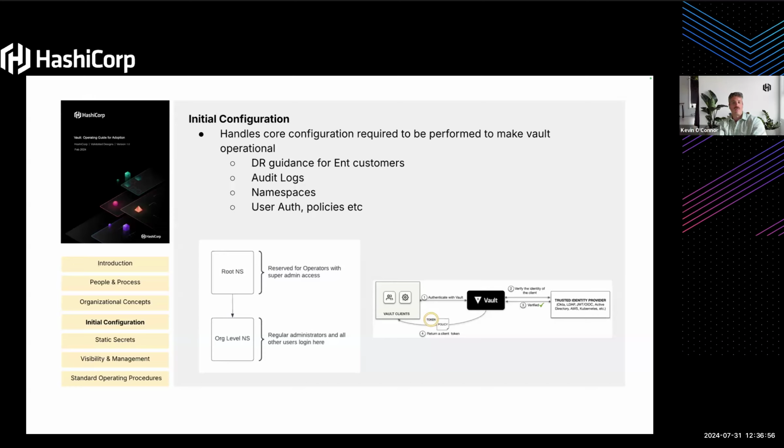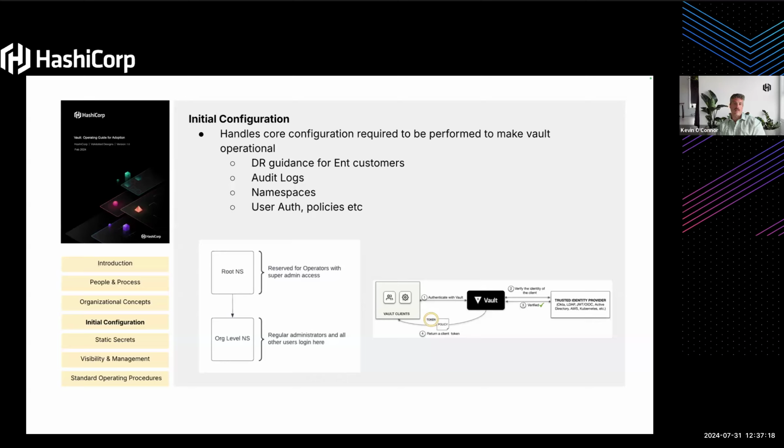So we go over some anti-patterns, things that you should avoid, and specifically the performance impacts that your namespace design may have on Vault. Then similar to audit logs, there are some sample commands and configs for setting up namespaces.